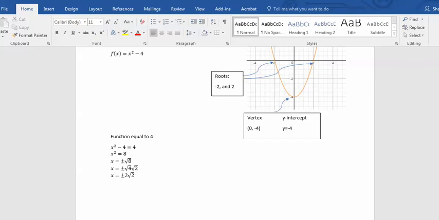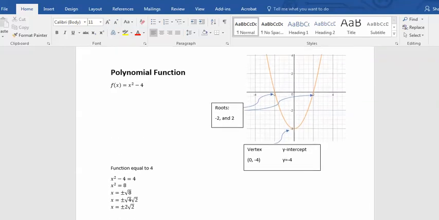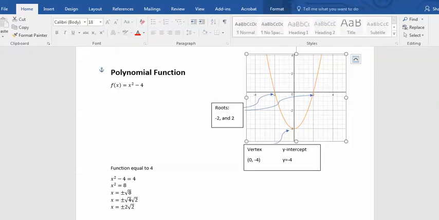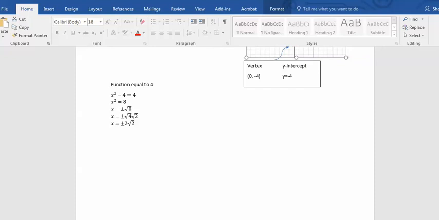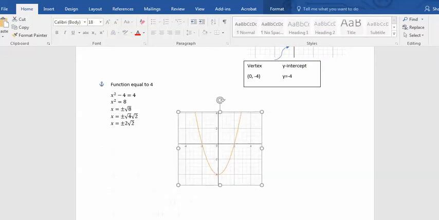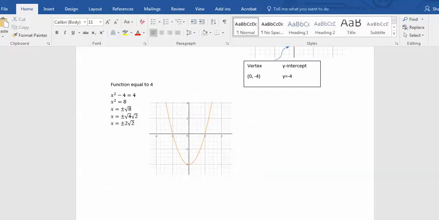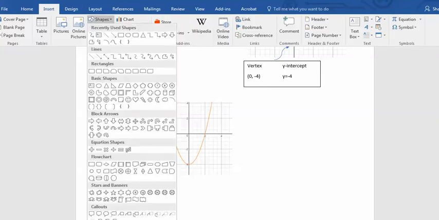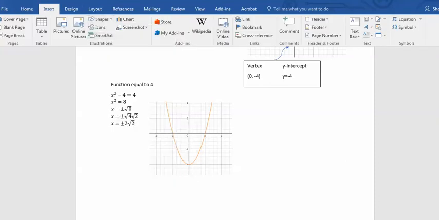And then if I have to show that on my graph, maybe I'll just copy this same graph down. Just shrink it a little bit. So if I want to show on my graph when my function's equal to 4, then I can just use an arrow or a highlighter or something.